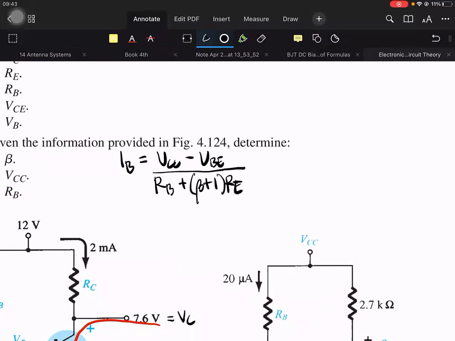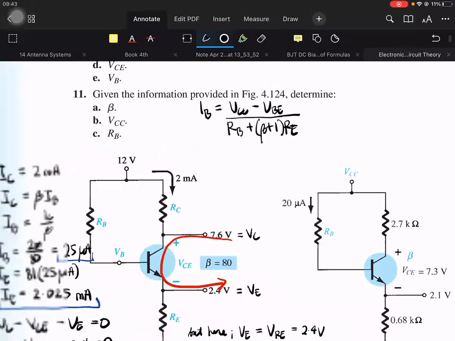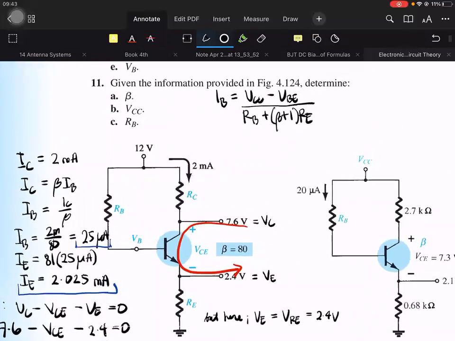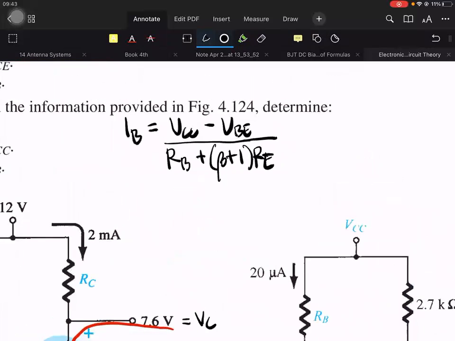One equation, one unknown. IB has already been obtained, 25 microamperes.